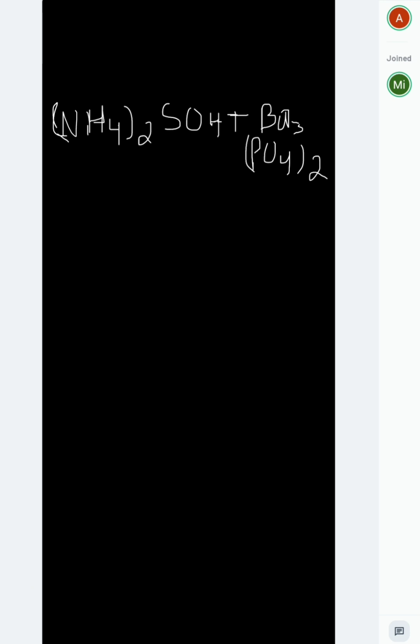Alright. These are reactants. So what will be the product? Yeah, you forgot the product.